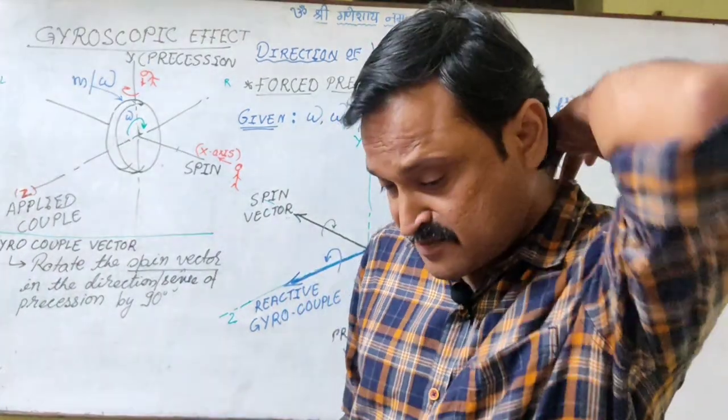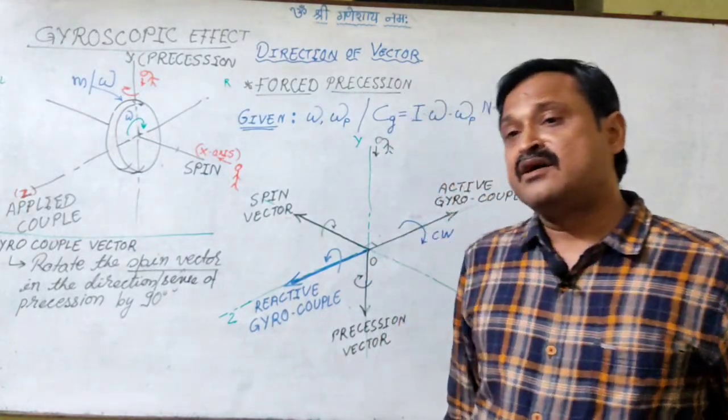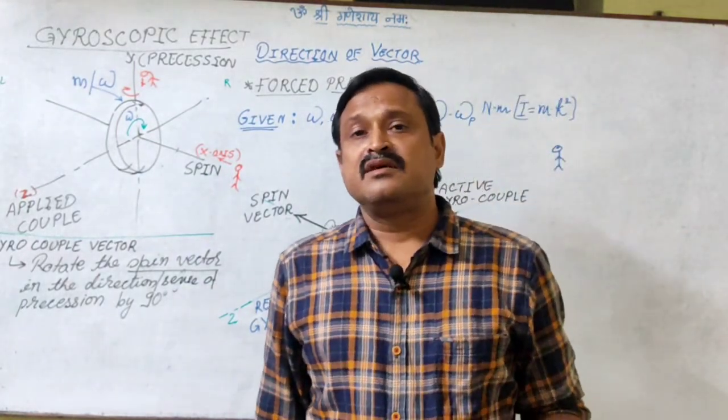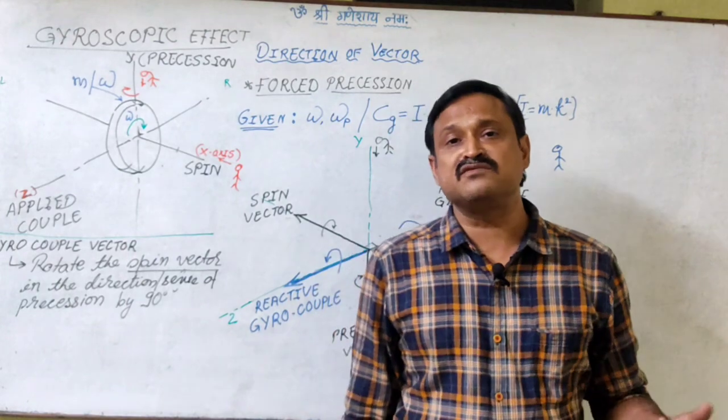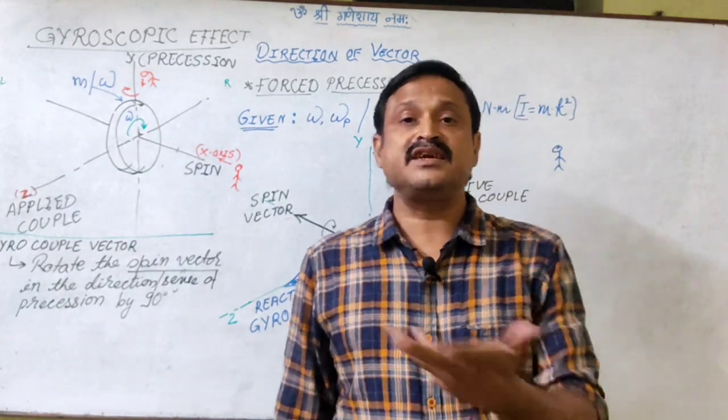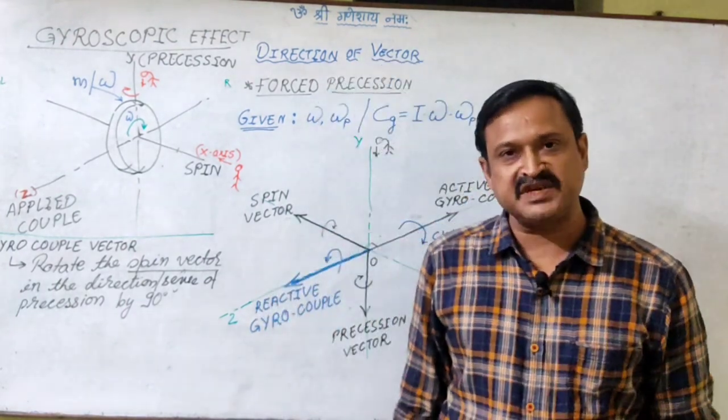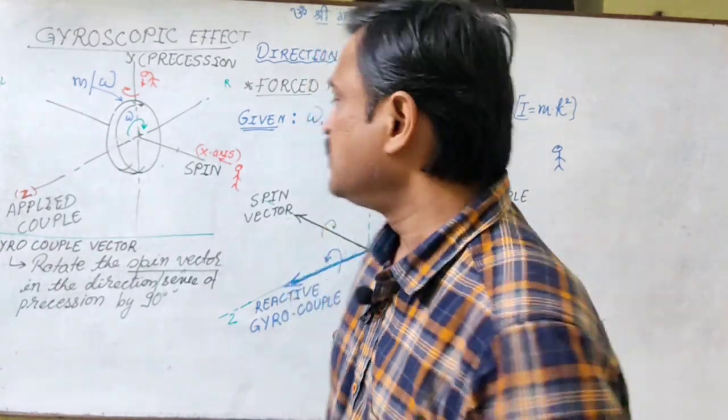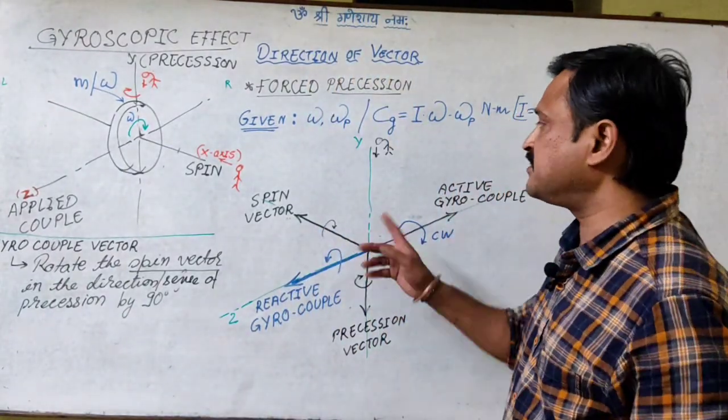There can be a system where I want to determine or predict, if something happens to one of the supports, in which direction this system is going to precess. So this is the logic. How are we determining it?